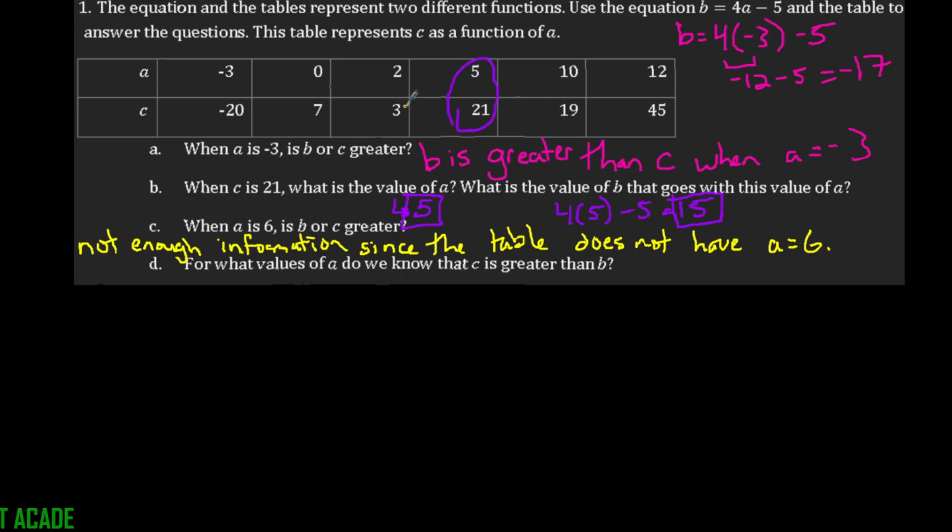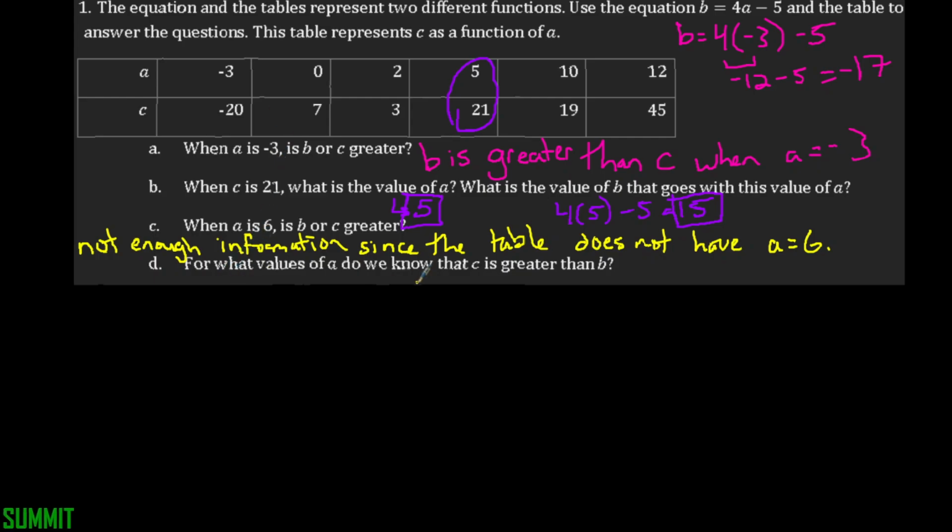So since it's not in the table, I could probably try to come up with the equation, but there's no real pattern to it, so we won't be able to find it. So even though we can solve it for our function b, we wouldn't be able to find it for our table c.